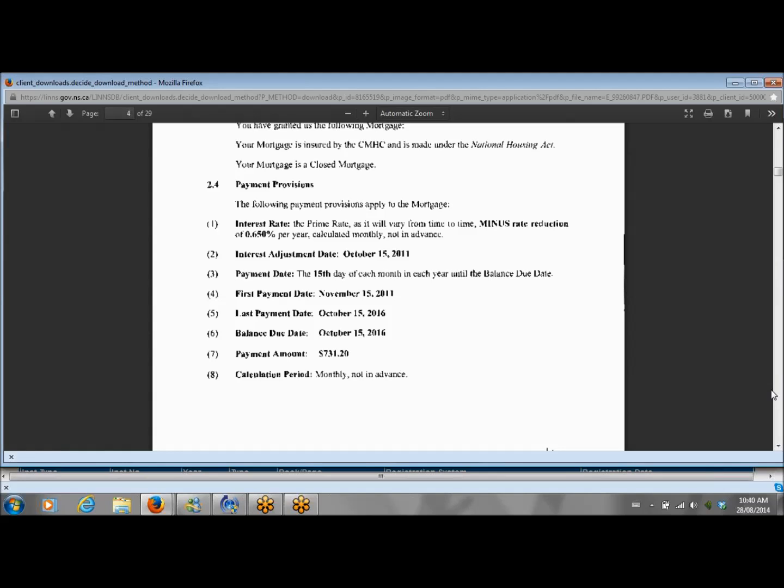So in mortgages, you have two scenarios. You have variable rate, you have fixed rate. 80% of the population is going to have a fixed rate mortgage. They're paying 3.49 for the next 5 years, interest calculated, and so on. In all of those mortgages, it will say the penalty is 3 months interest or the interest rate differential, whichever is greater.